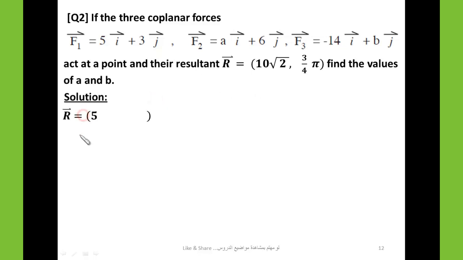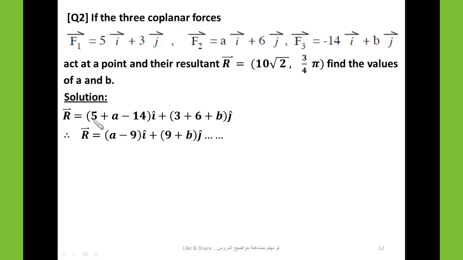Solution. We have R equals, by adding F1 plus F2 plus F3, what we get? 5 plus A plus negative 14 in the direction of I, plus 3 plus 6 plus B in the direction of J, such that I and J are the fundamental unit vectors in the direction of X and direction of Y. And we simplify.